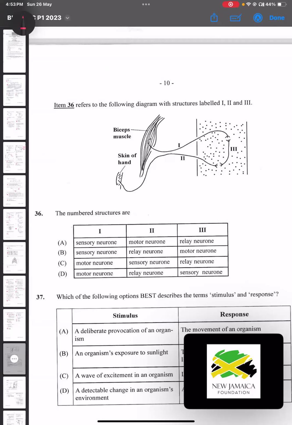For number 36, I see B. Are you sure that is the answer?